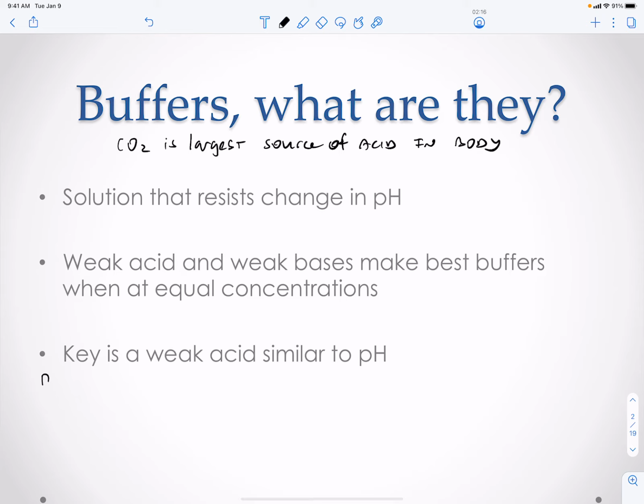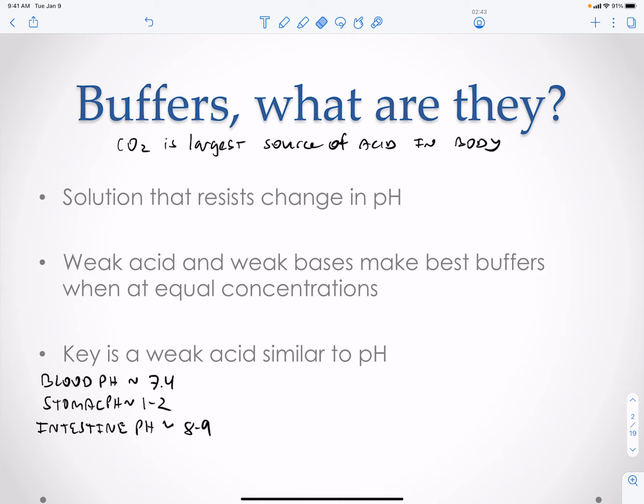So we have our blood pH, and it's approximately 7.4. We have our stomach, and it's approximately 1 to 2 pH. Intestine, pH is approximately 8 to 9.